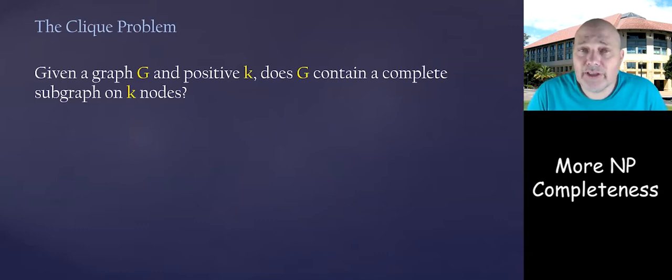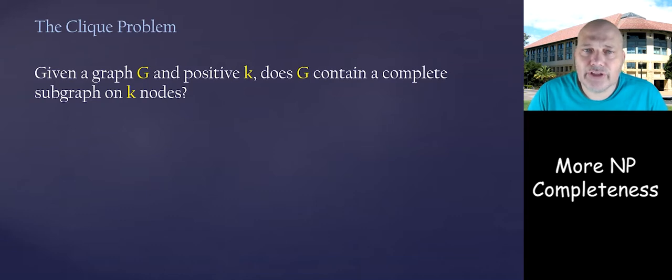The first problem will be, and several of our problems will be, from the world of graphs. And a priori, it doesn't sound like a problem about satisfiability, but we will show how to cast it to satisfiability. So what's the clique problem?